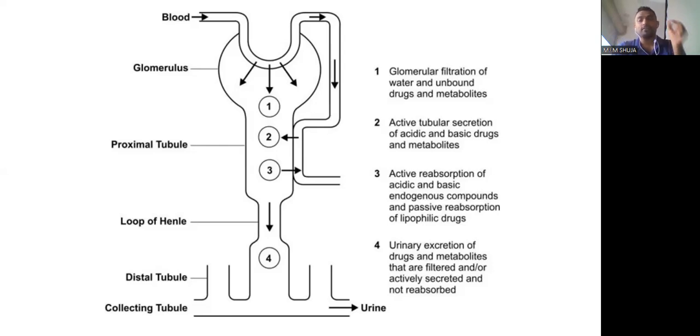Remember, I taught you how weak acids and weak bases get across the cell membrane. Imagine you have a weak acid. If we take hydrogen and a drug component, we call it HA. HA is the weak acid component.